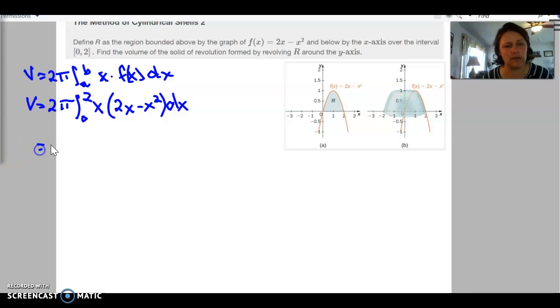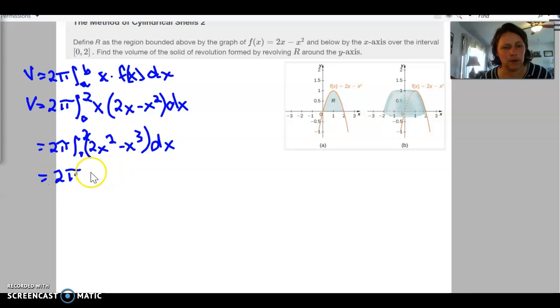And then we're going to simplify. 2 pi, 0 to 2, 2x squared minus x cubed dx. And now we can go ahead and integrate. So we've got 2/3 x cubed minus 1/4 x to the 4th evaluated from 0 to 2.